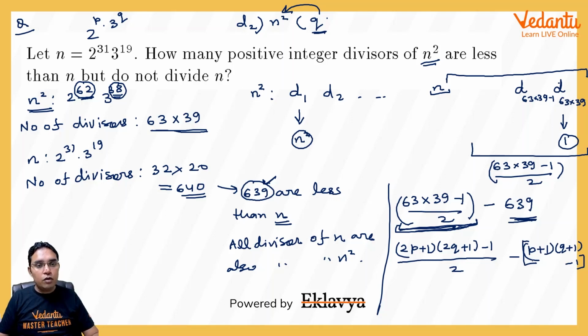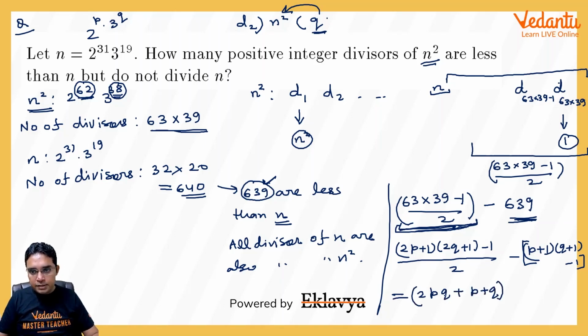I think that is what we are doing. If n is 2 power p, 3 power q, then n square will be 2 power 2p, 3 power 2q. So this (63 into 39 minus 1) upon 2 can be thought of like ((2p plus 1) into (2q plus 1) minus 1) upon 2 and so on. If you do this calculation, I think you will get this as 2pq plus p plus q.